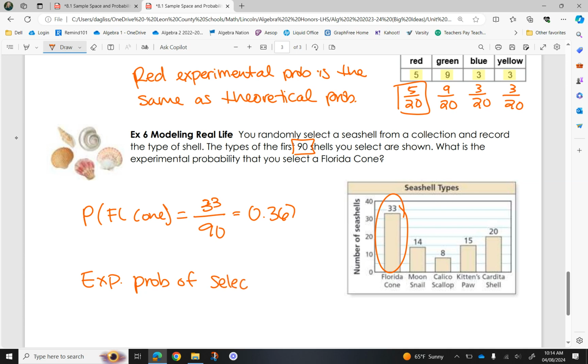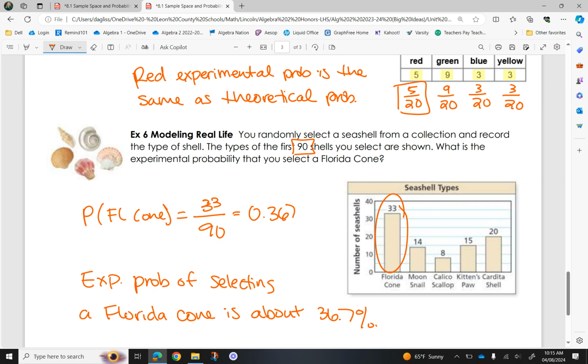So the experimental probability of selecting a Florida cone is about 36.7%. Bonus question: what was the theoretical probability of picking the Florida cone?